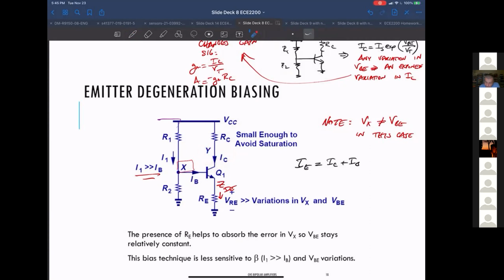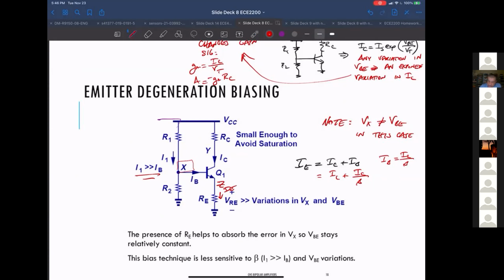So I sub B, we don't know the exact value of it, but it's I sub C over beta. Now, we don't know the exact value of beta, but we know it's always guaranteed to be a fairly large value.